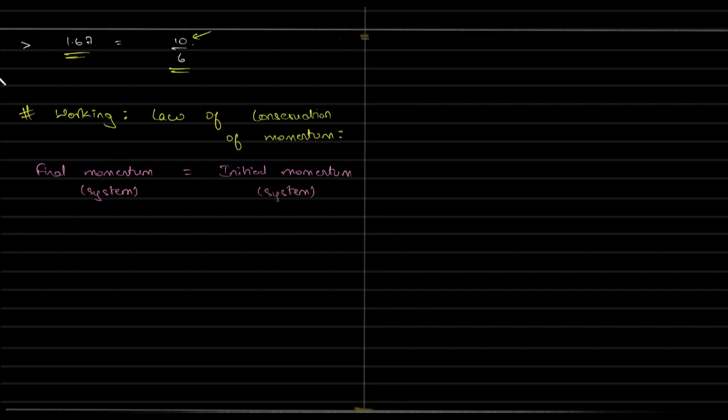So the final momentum is m1 v1 plus m2 v2. Initial momentum is m1 u1 plus m2 u2.